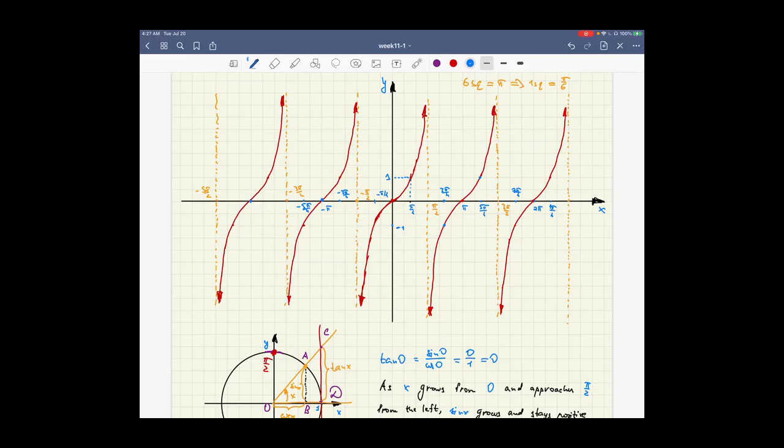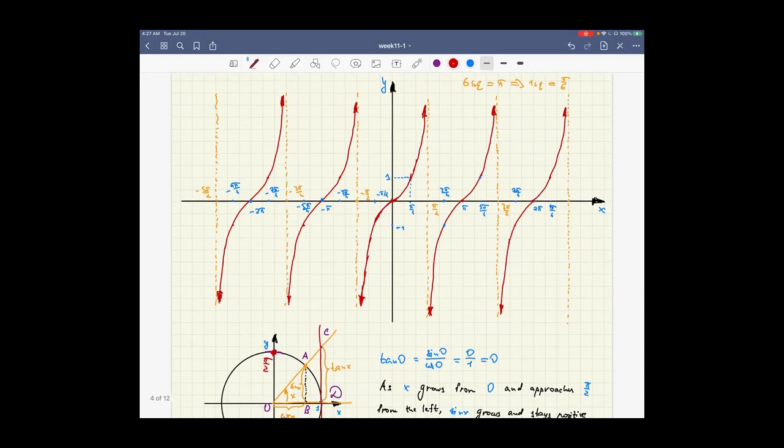This point is negative 2 pi. This point is negative 2 pi plus pi over 4. That's negative 7 pi over 4. And that's negative 2 pi minus pi over 4. So negative 9 pi over 4.